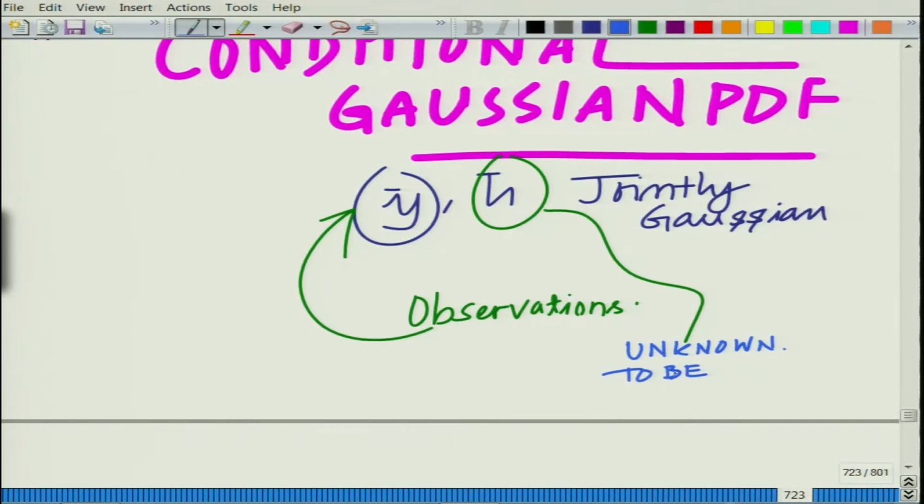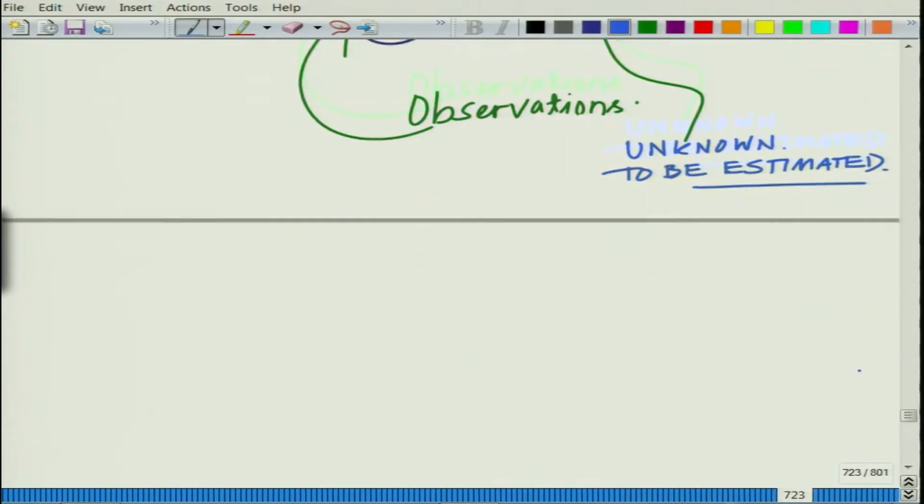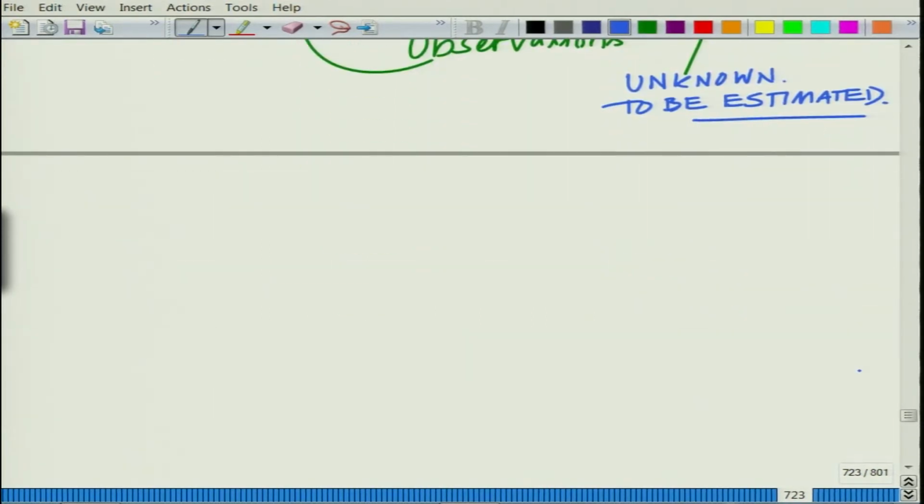So, this is an unknown quantity that is to be estimated. And we have seen that we have the conditional probability density function of h bar given y bar. This is Gaussian.